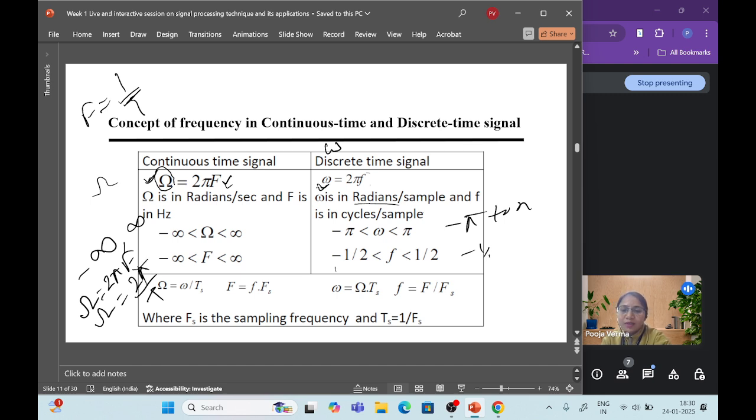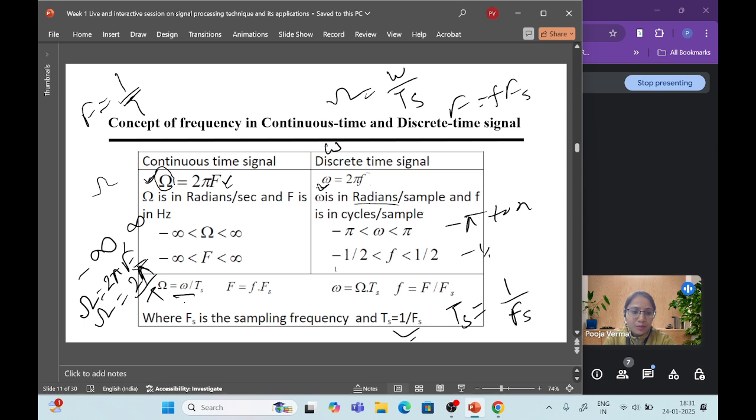This is the relation between the analog frequency, the continuous frequency, and the discrete frequency: omega equals Omega by Fs, or f is equal to F by Fs. Already we know that Fs is the sampling frequency, and Ts is the sampling period, that is 1 by Fs.